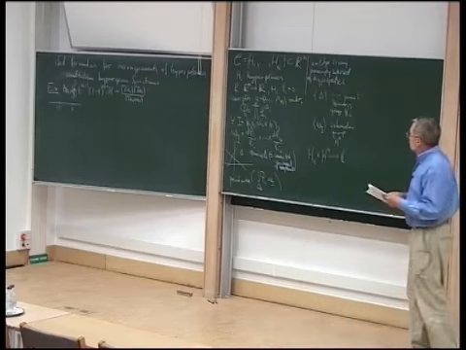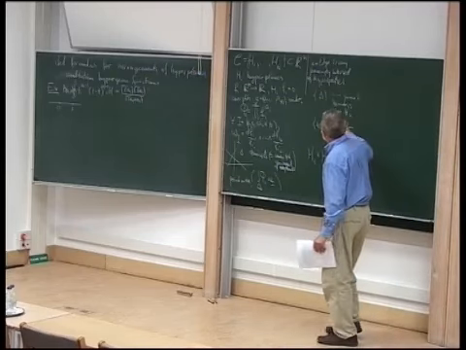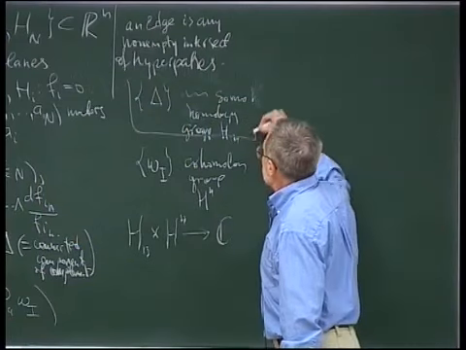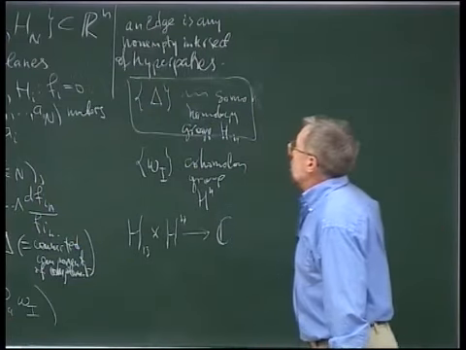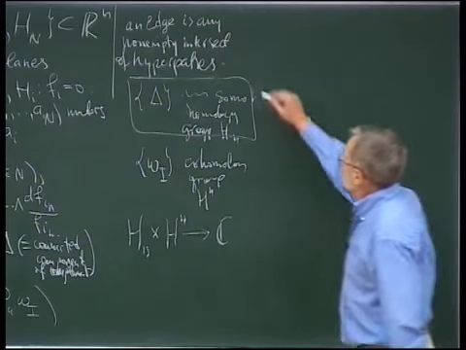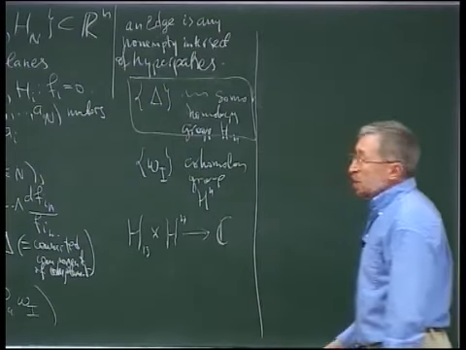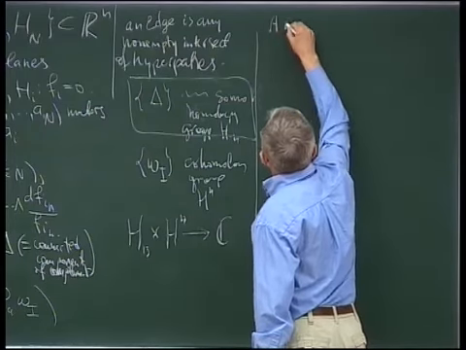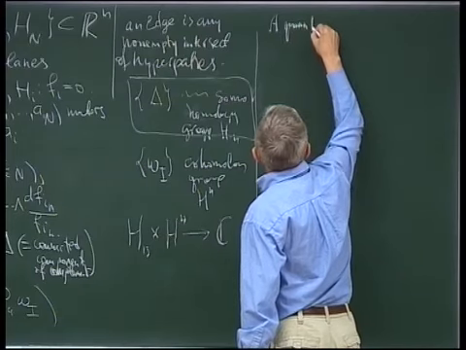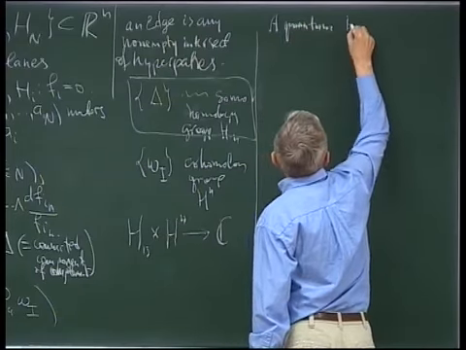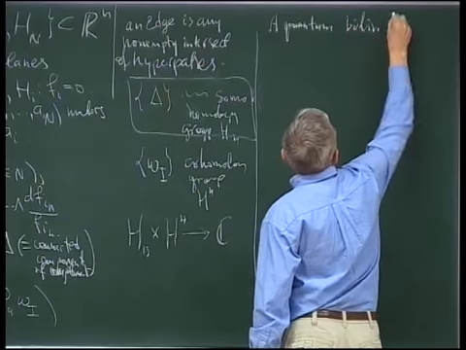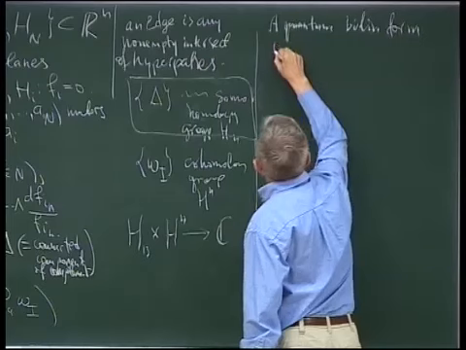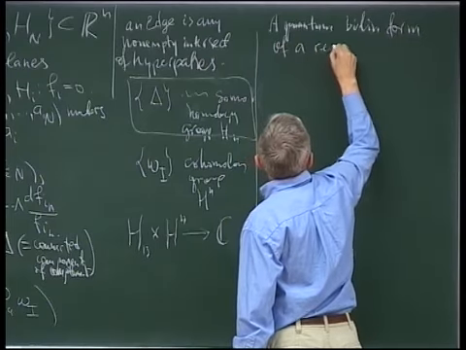Now, let me start with the matrix on this homology group. For some reason that I will explain later, it is called a quantum bilinear form of a real arrangement.